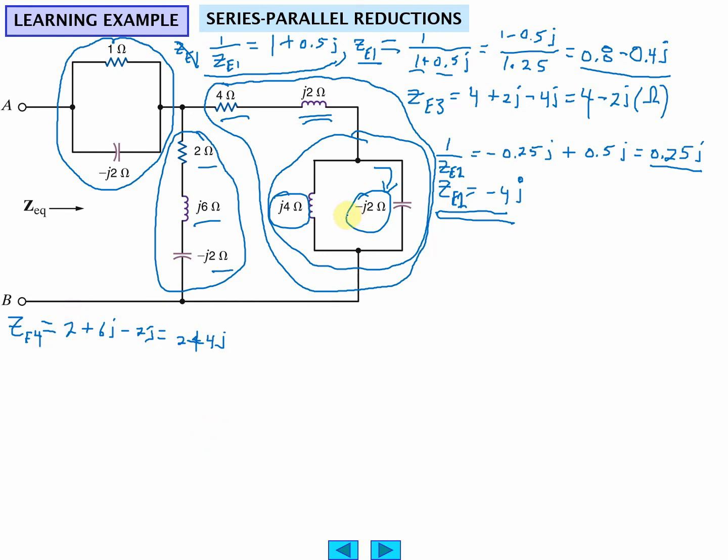Now we have to take these in parallel, this one here and this one here. So 1 over Z5 equals 1 over Z3 plus 1 over Z4.